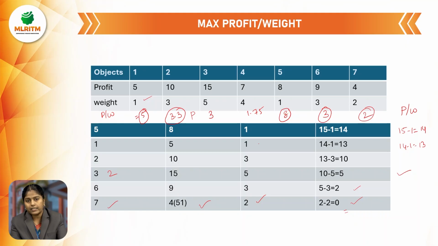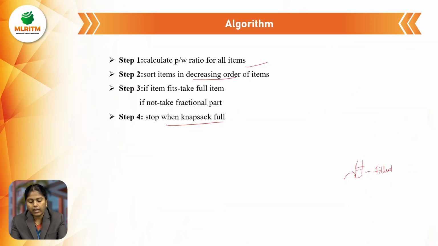If we can't fit a particular element into the remaining weight, then you have to go for the fractional knapsack. But if there is no need, you just subtract all these items and you will get the exact result. Now what is the total profit here? 51.